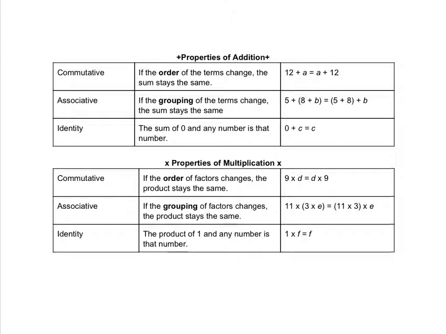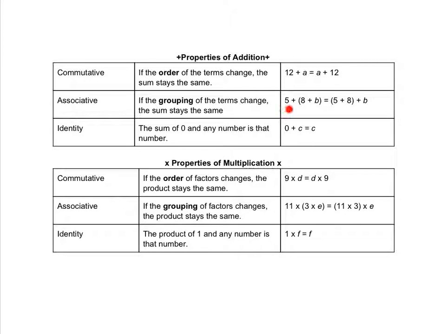The associative property. Now when I was in 7th grade algebra, we learned associative, and associate is a friend, and so I always thought of it as the friend property because it talks about grouping. So if you think of these parentheses as little friend makers or grouper makers, that might help you out. Anyway, it might have just confused you more. But if the grouping of the terms change, the sum stays the same.